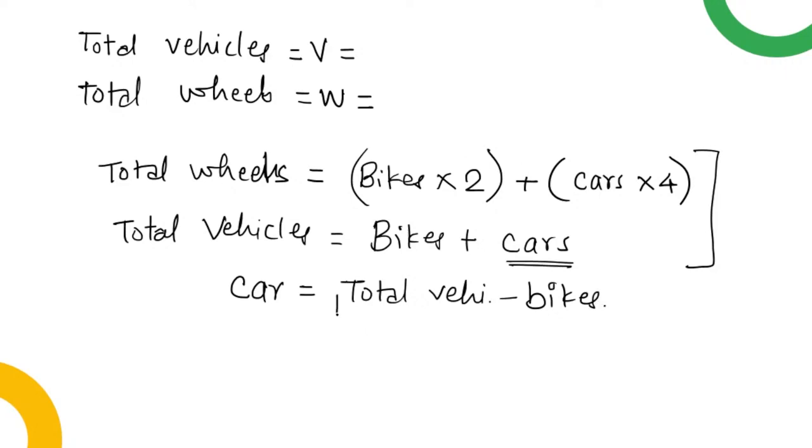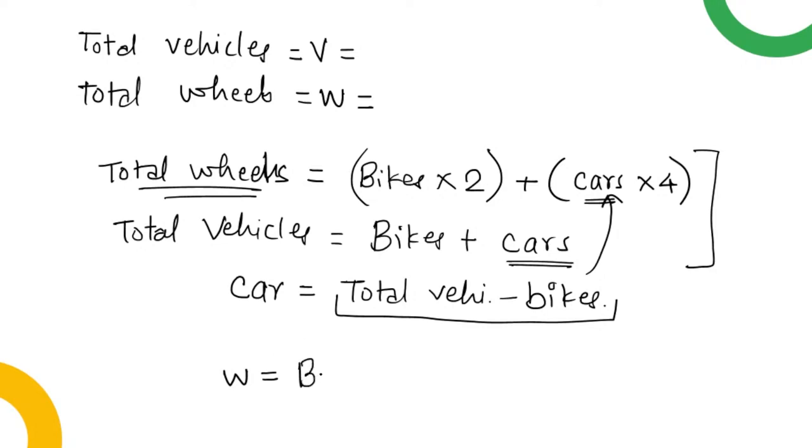If I write this in place of the number of cars, then W is equal to bikes into 2, so B into 2, plus 4 into, instead of cars, I will write total vehicles, that is V, minus bikes.